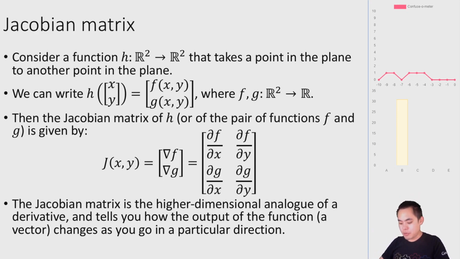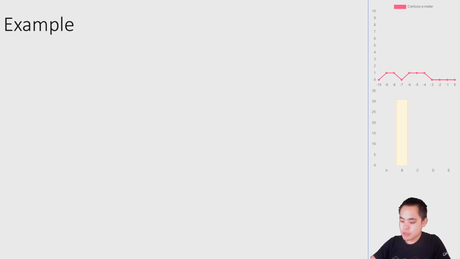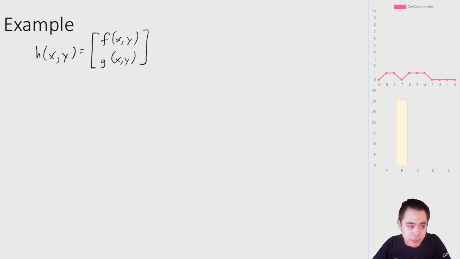Okay, so let's give an example of this. Let's give a concrete function. Let's say h of x, y is equal to the pair f of x, y and g of x, y, which is equal to, let's say, 2x minus 3y cubed and 3xy cubed.